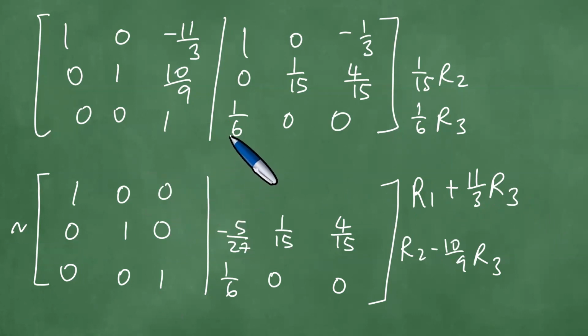Multiplying this by 11 out of 3, it becomes 11 out of 18, and then plus 1. So 11 out of 18 plus 1, where this one is 18 out of 18. So what is 11 plus 18? Right, we have 11 plus 18 giving us 29. A 29 out of 18.